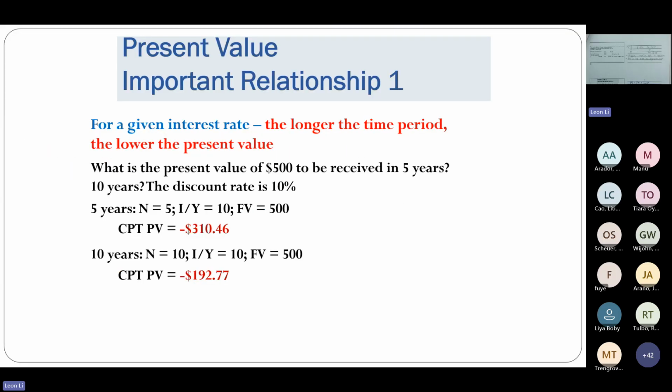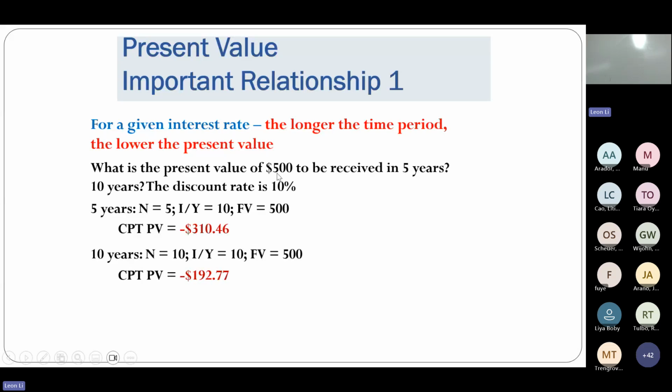Okay, so now we have the next slide. You can see we address two important relations in present value. Relationship 1: for a given interest rate, the longer the time period, the lower the present value. We give you an example here.